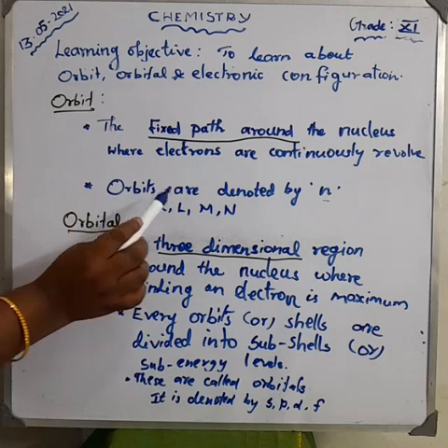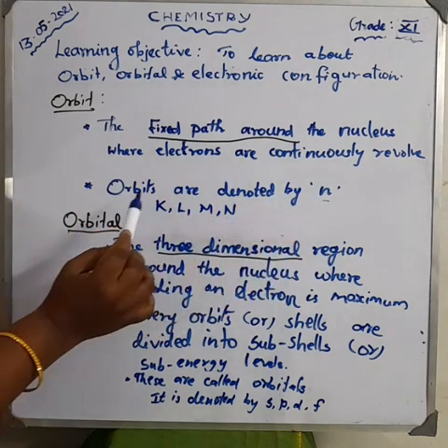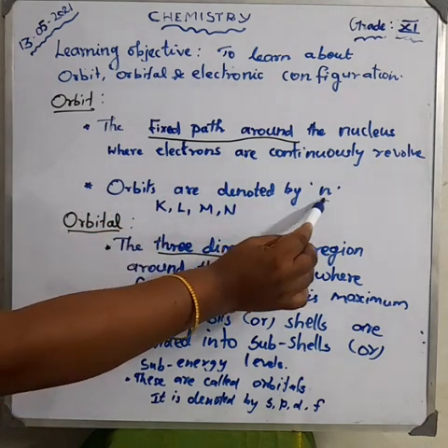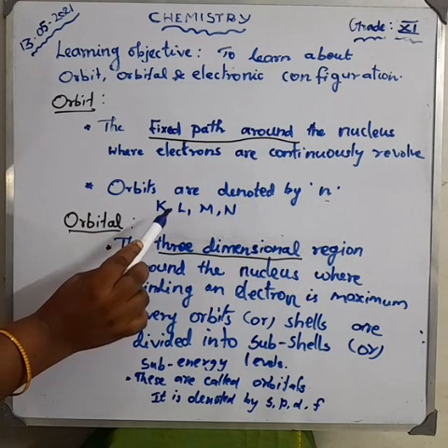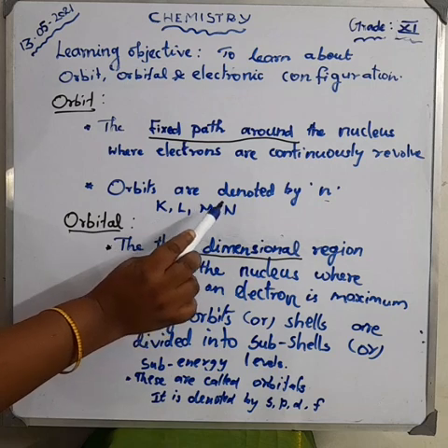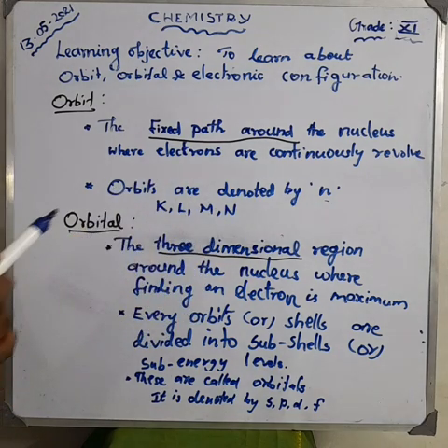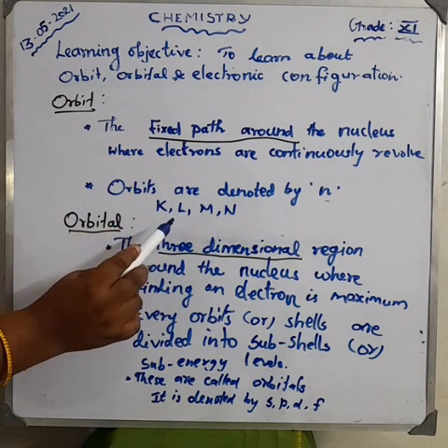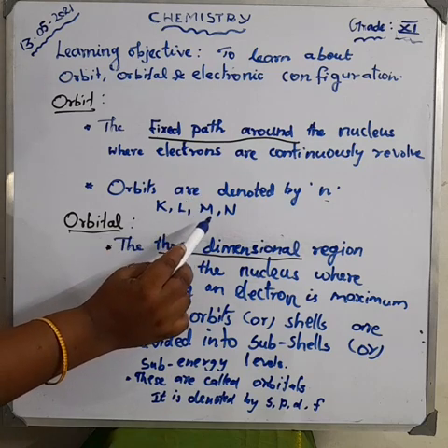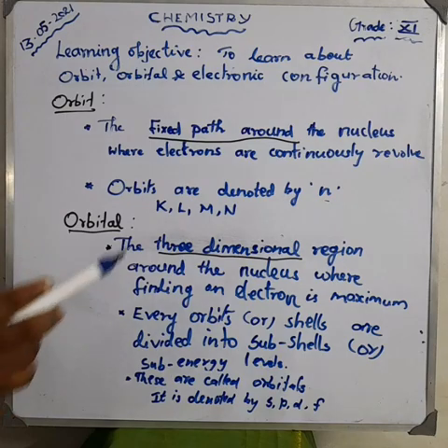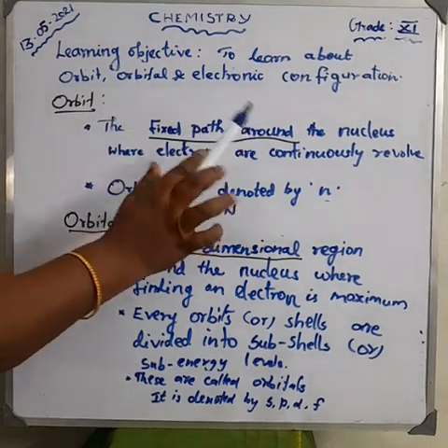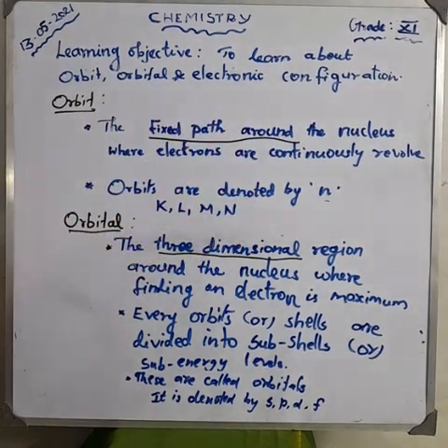So orbits are denoted by small n. Whatever orbits are there, K, L, M and then N. So orbit means the fixed path around the nucleus.